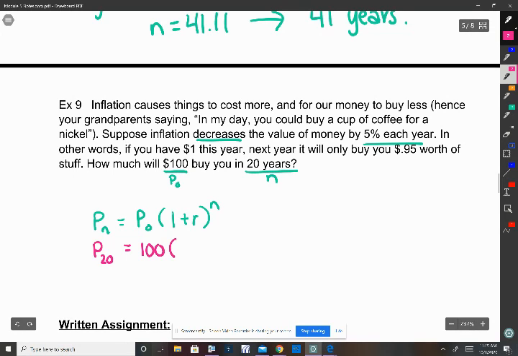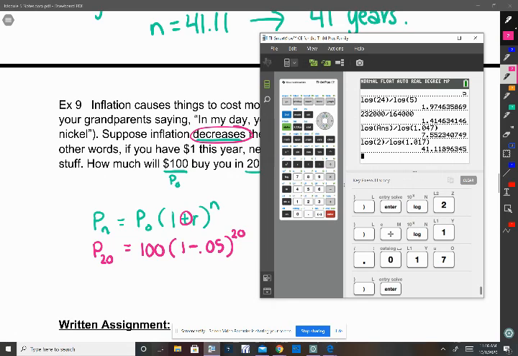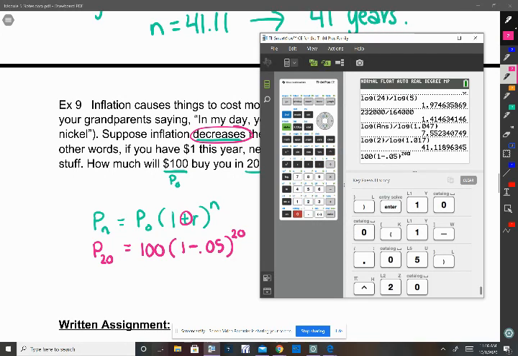But now, because it's not an increase, it's decreasing by 5%. So instead of a plus here, we're going to have a minus because it's decreasing. And then it's still raised to whatever power. So in this case, it's 20. And when I plug it into my calculator, I'm going to do 100, and then parentheses, 1 minus 0.05, and then you're going to raise that to the 20th power.